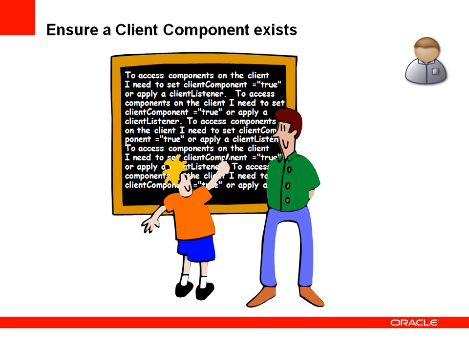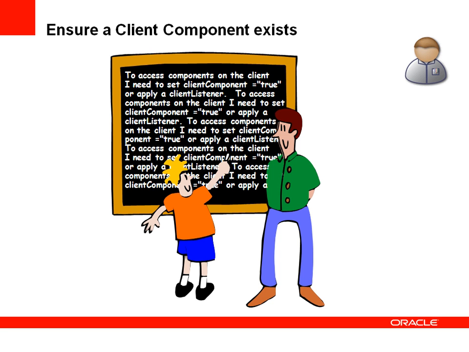So Jim recommends to DOM always ensure a client component exists, and there are two options that a client component exists. One is set client component equals true, and the other one is to have the client listener tag attached. So in the previous example you saw that the command button had a client listener tag attached to listen for client-side events.